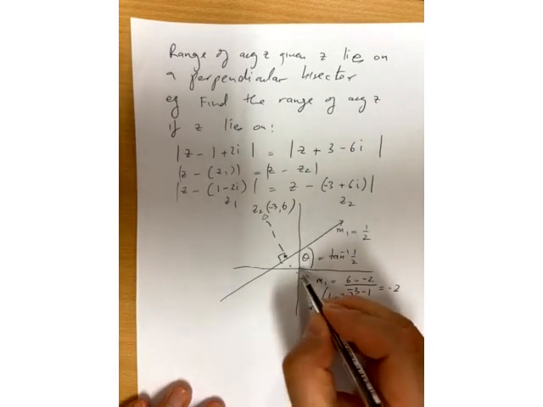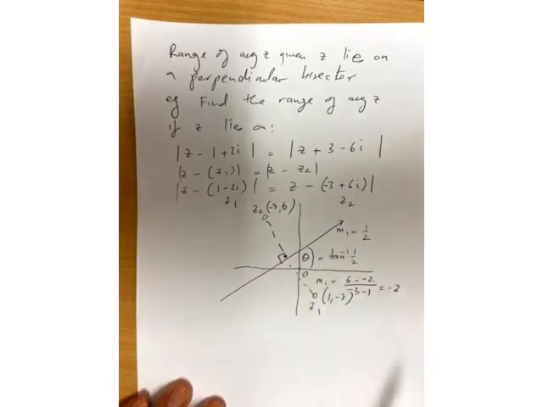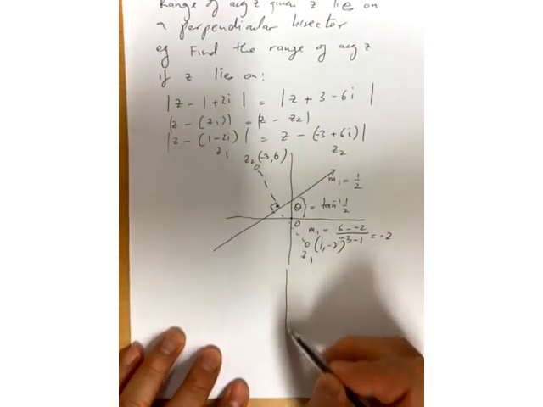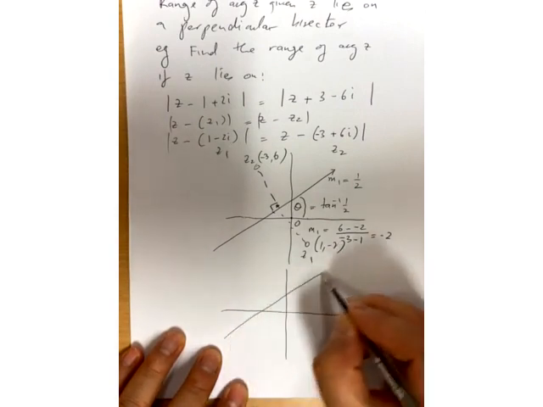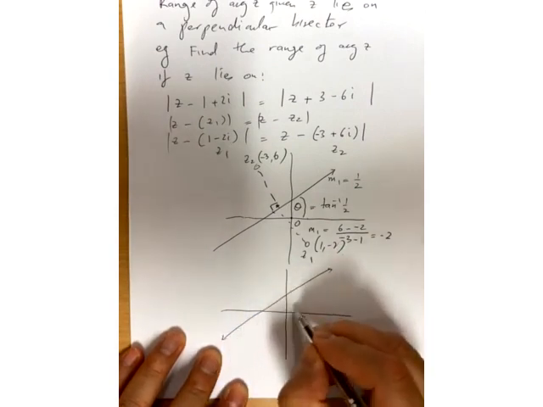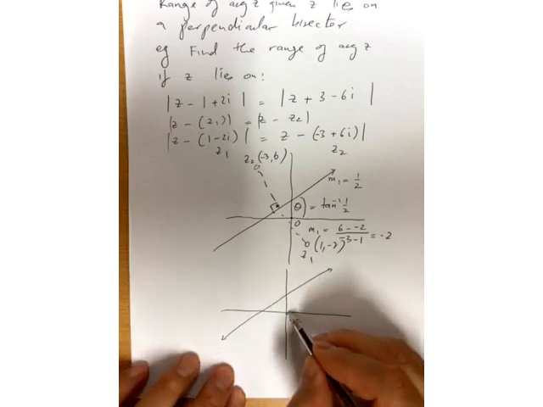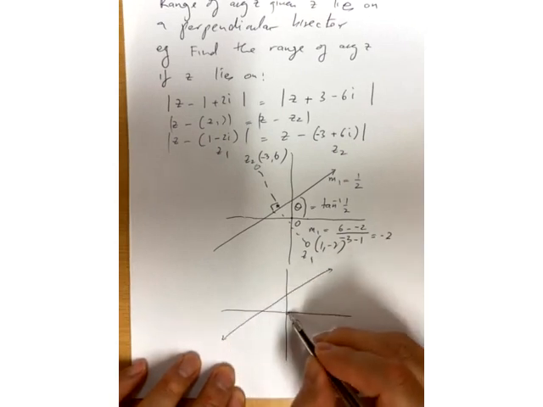So that means that if you take the argument of that, I have to draw another diagram to show you. Here is my line, and my argument can range from anywhere from there to there to there to there.